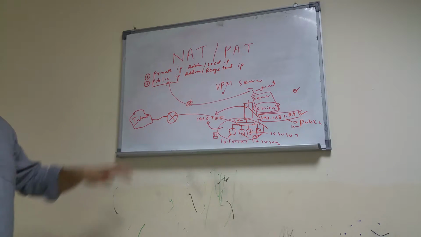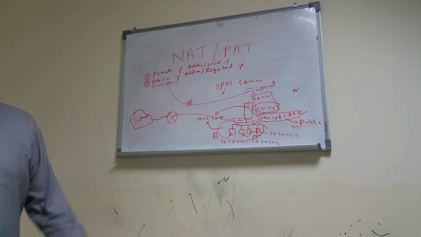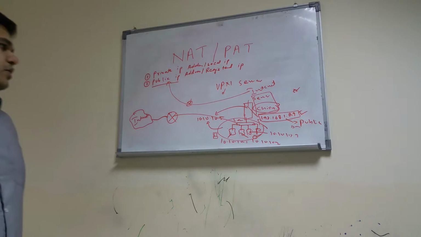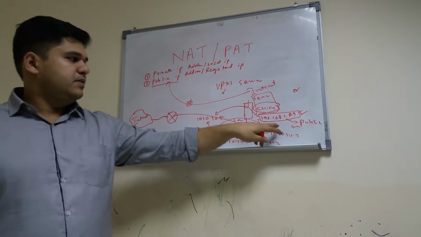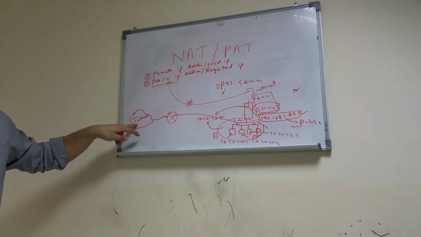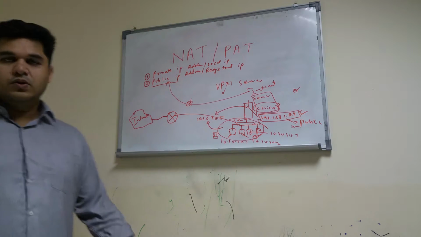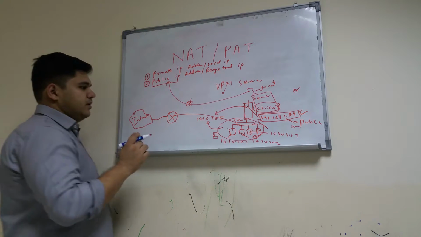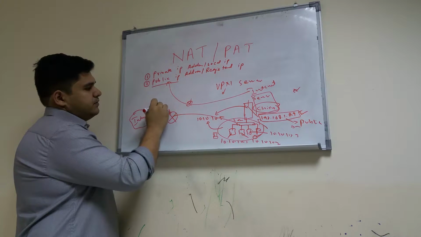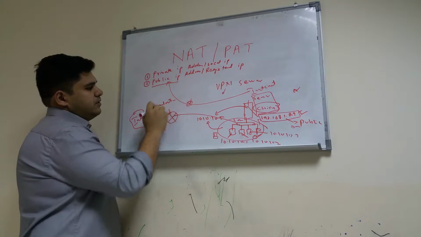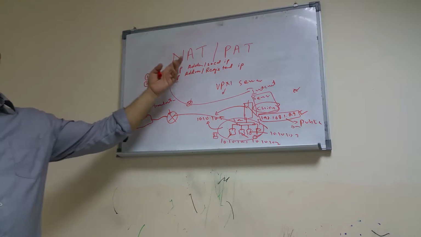Now all these users in different countries or anywhere on the internet can reach this server by this IP, because you pay your ISP for that IP address. But we will do this translation on this router, and this translation is known as NAT.